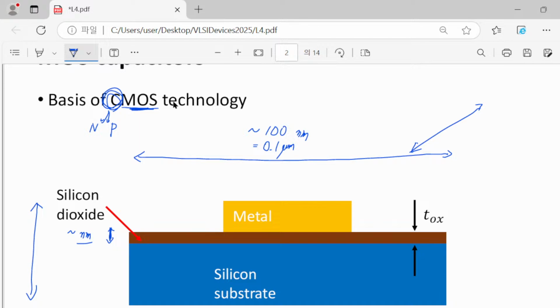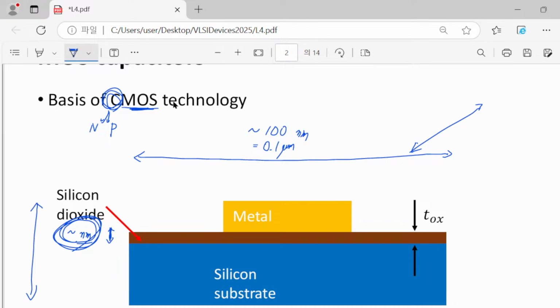In both cases, the real physical thickness or the electrically converted equivalent one called EOT, they are both in the range of nanometers.